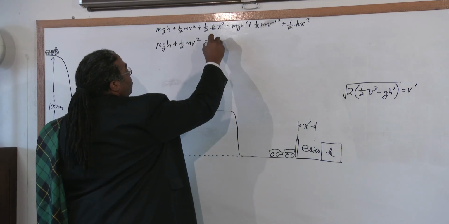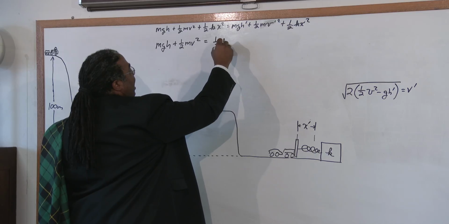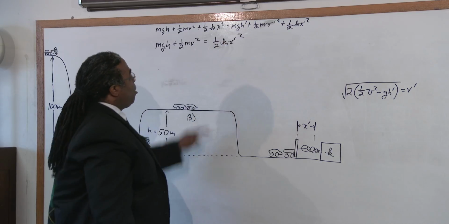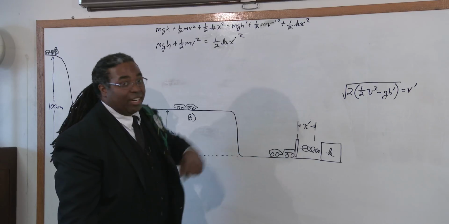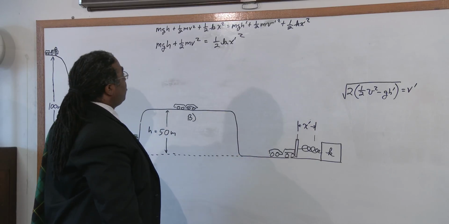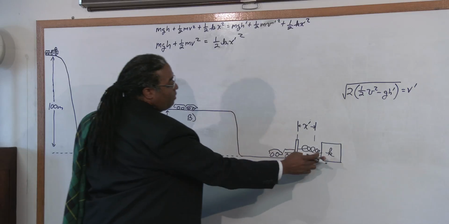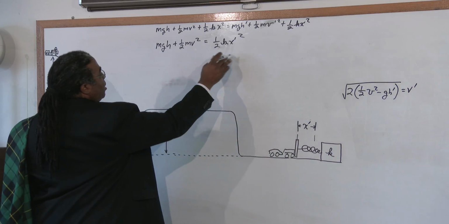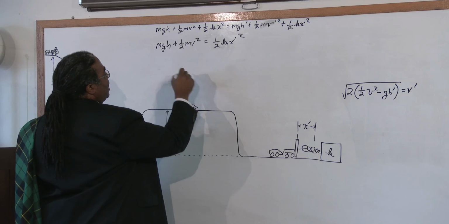So now it simply has 1/2 kx prime squared, where x prime is the distance that the spring has been compressed. So now, if you do know the value of k, which I gave you in this problem, just solve for your unknown, which is x.